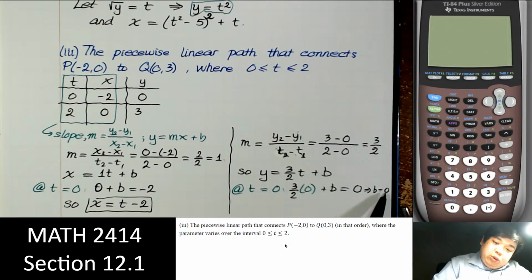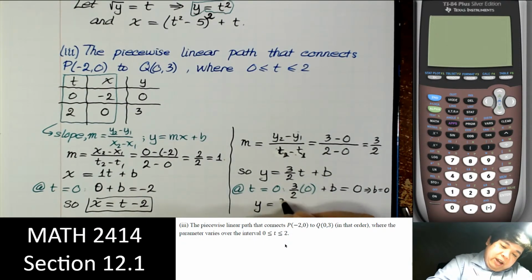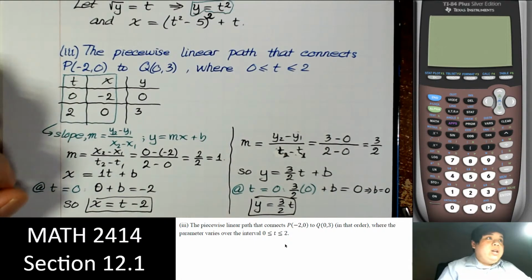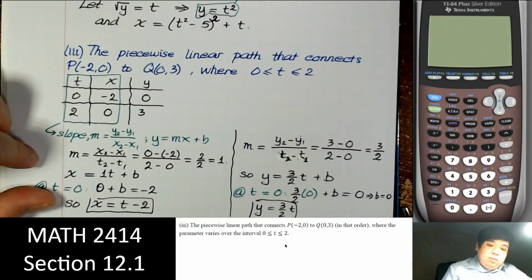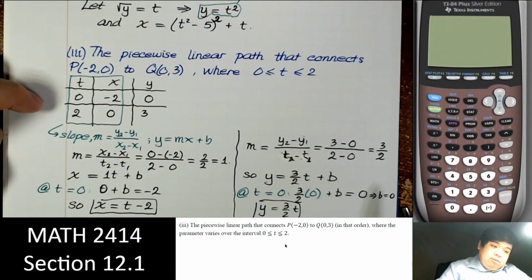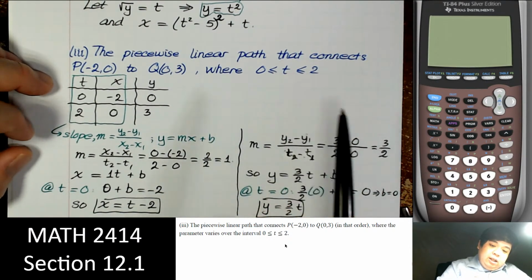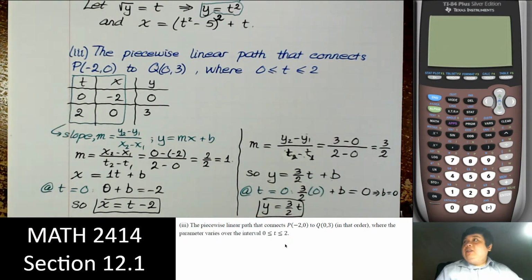If b is equal to 0, so y is equal to 3/2 t. So we have the parametric equation x equal to t minus 2 and y equal to 3/2 t, and t is between 0 and 2.